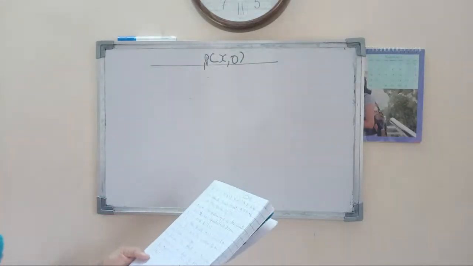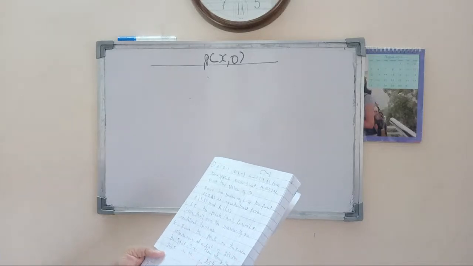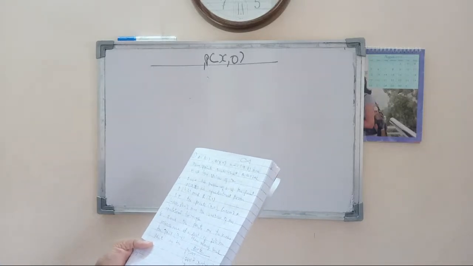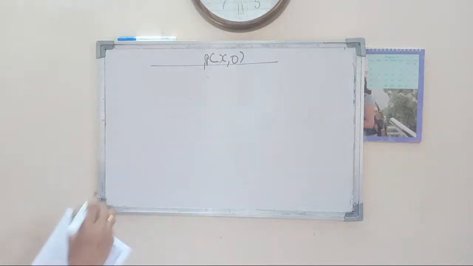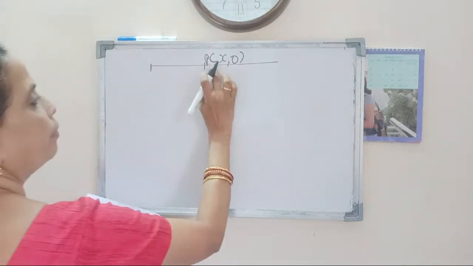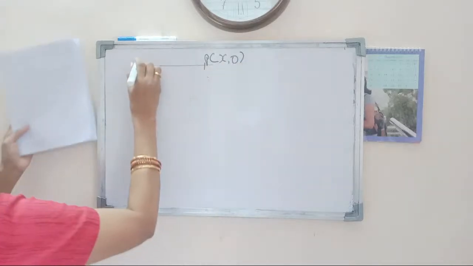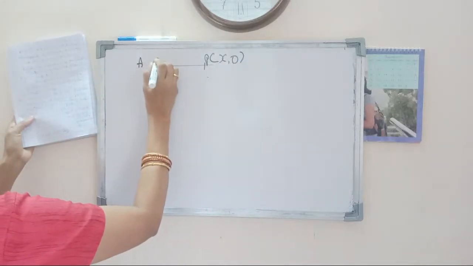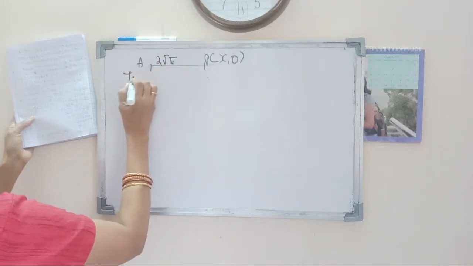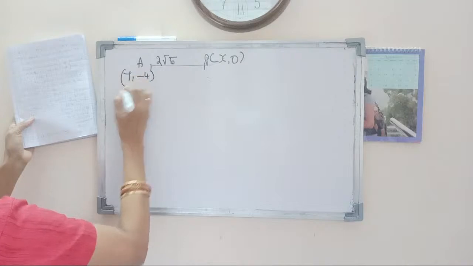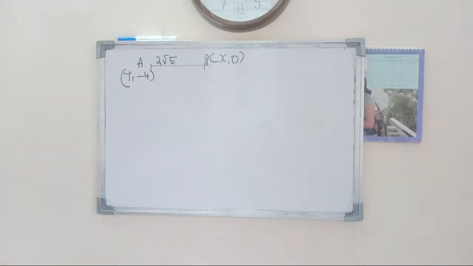Very good. Find the points on the x-axis which are at a distance of 2 root 5 from the point 7 comma minus 4. This is the condition.